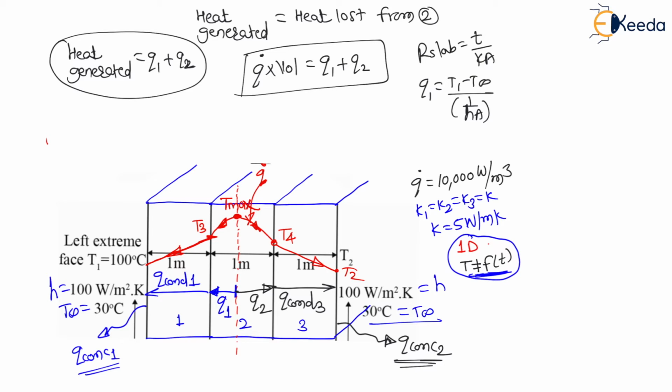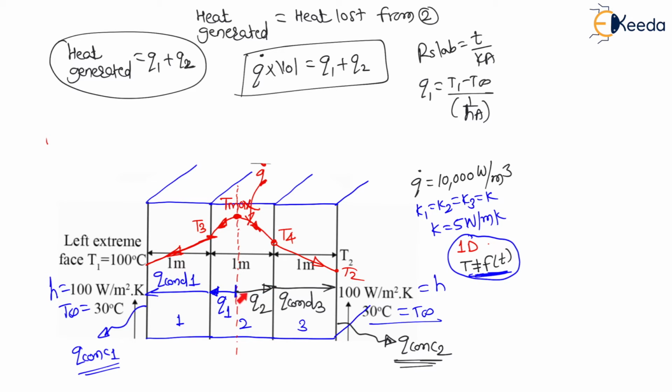Similarly, my dear students, whatever may be the heat generated inside this center slab, some quantity of heat is lost to the left side, that is Q1 is going towards the left side, and the remaining, which is Q2, is going towards the right side. Therefore this Q2, can I say, for steady state condition, they have mentioned it is a steady state condition.